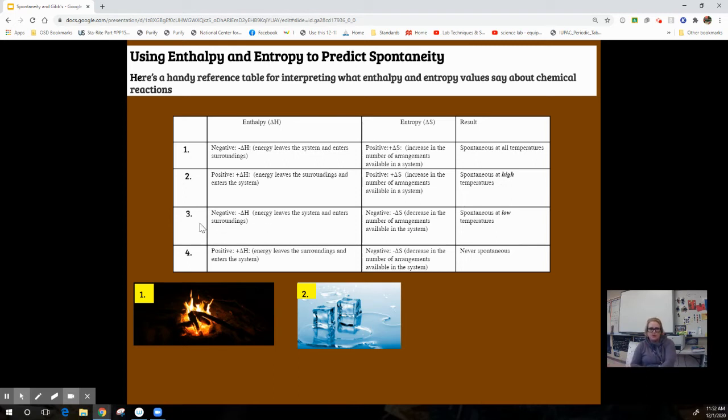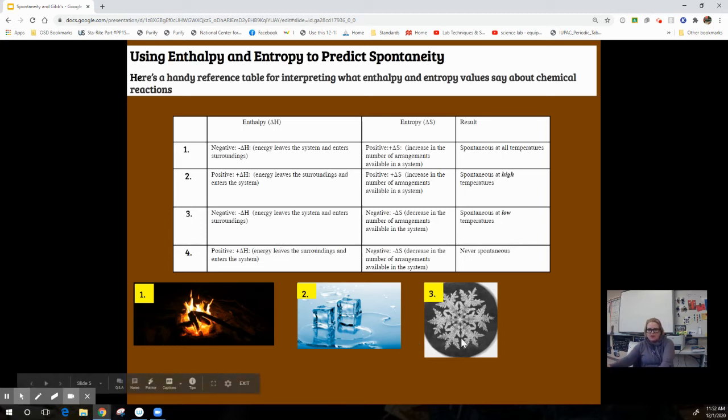Same here with number 3. Number 3, we're going to look at the exact opposite. We're going to look at a negative enthalpy value, so it's going to be an exothermic process again. So freezing water into a snowflake is an exothermic process because heat is leaving the water and going out into the surroundings because the water is freezing. You've got a decrease in entropy because I'm going from a liquid to a solid.